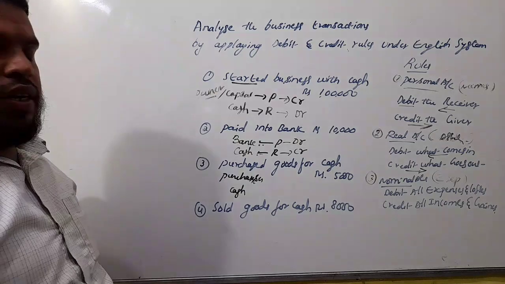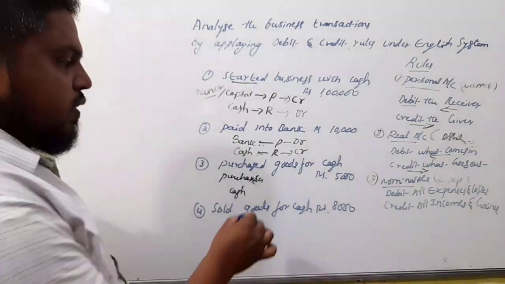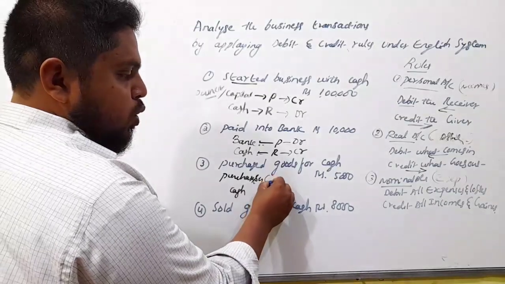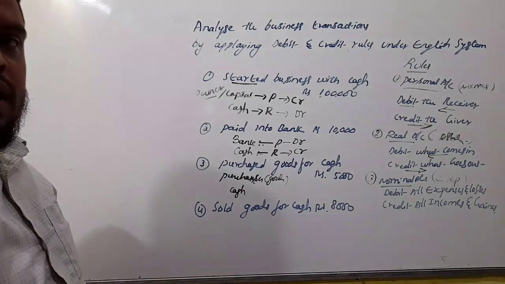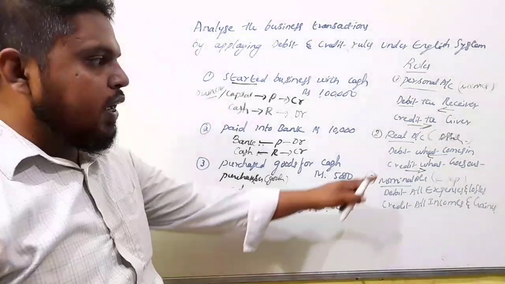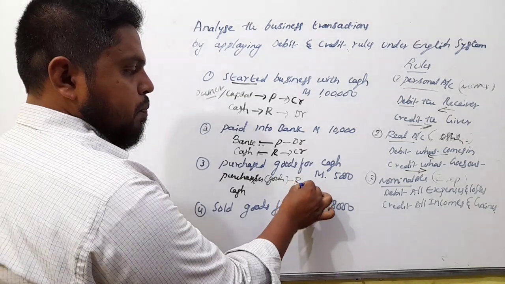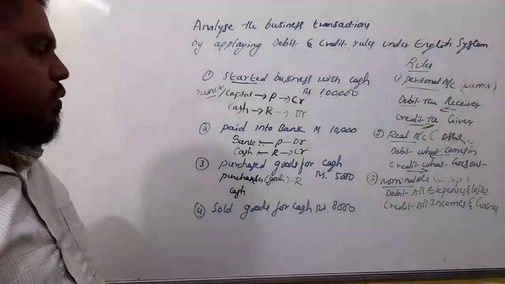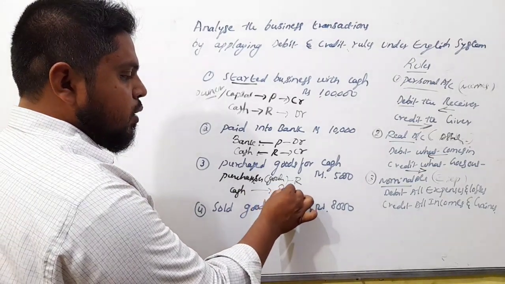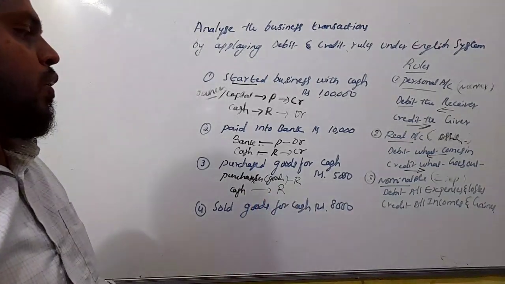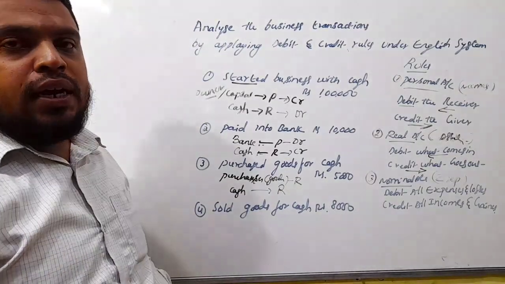It's a cash transaction, not a credit transaction. What we are purchasing here is goods, a current asset. All the assets come under a real account, so purchases is a real account. Cash also comes under a real account.